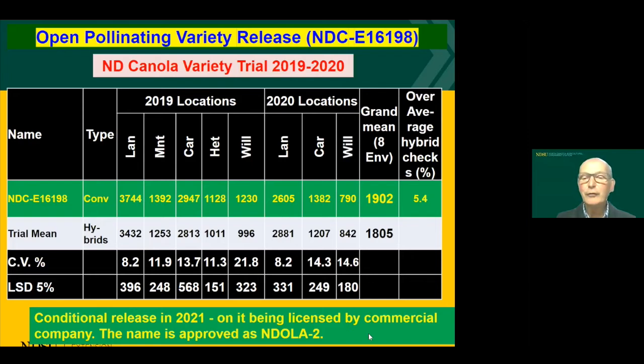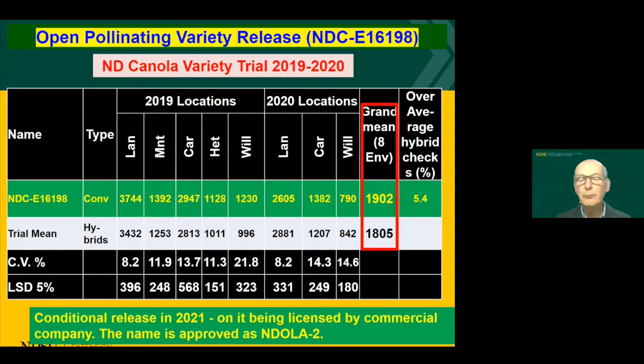And if you look at the red box, you'll see that the average yield of all those 8 environments was 1,900 pounds. Comparing that with a number of hybrids was 1,800 pounds. So this particular open pollinated variety has been doing very well, and it is slated to be released if there is a commercial company that will work with it.